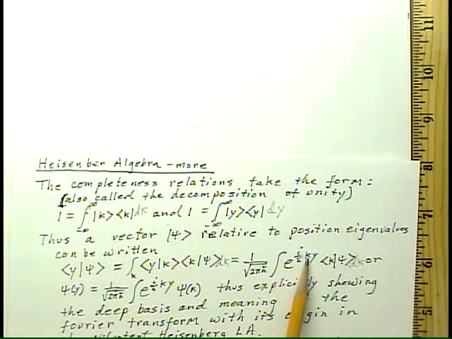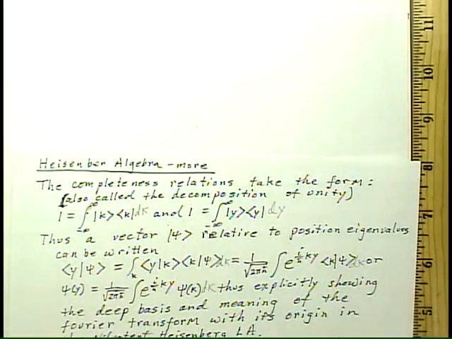of e to the i over h bar k times y, and this means right here that we can write psi on the y basis as 1 over the square root of 2 pi h bar, integral over dk of e to the i over h bar k times y, psi of k, which is the Fourier transform.